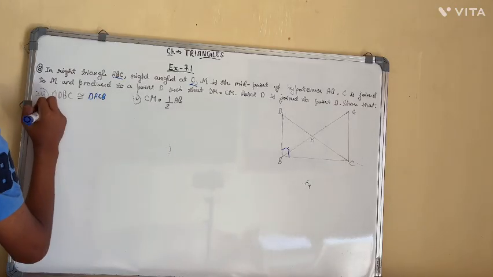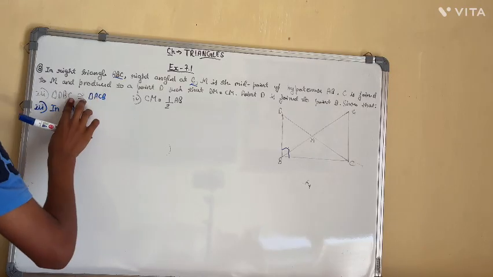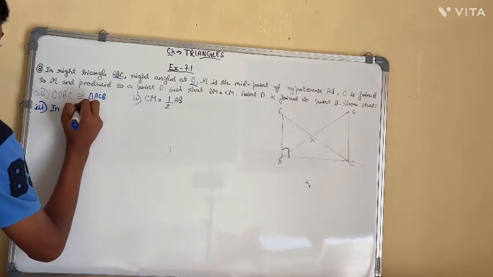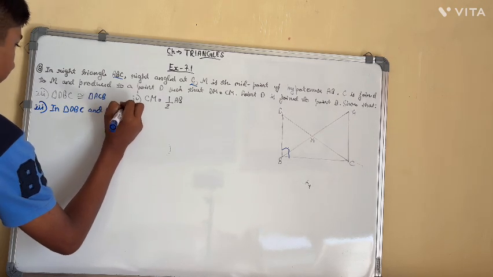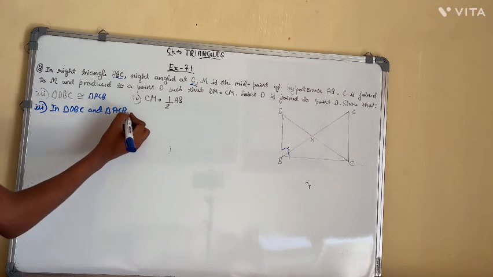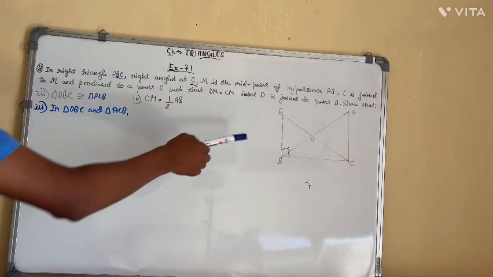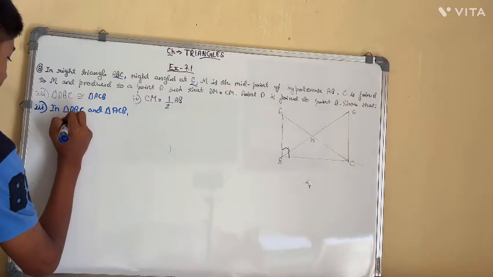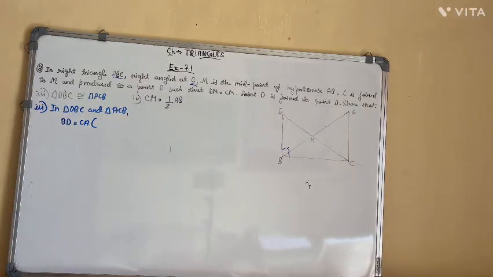Third part. In triangle DBC and triangle ACB, firstly, what can we see? We know that BD is equal to CA. Proved in the second part, we have proved earlier.